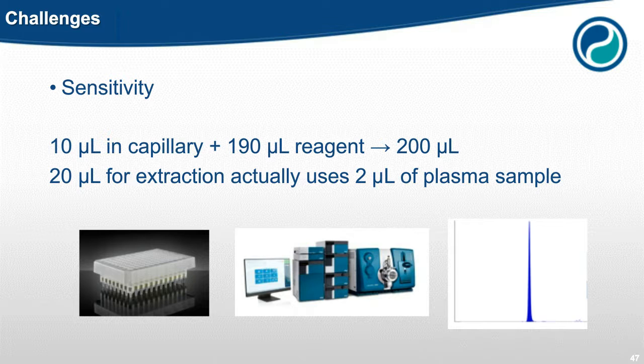That comes to the bioanalysis part. We need to apply a new extraction procedure, maybe SPE or LLE, to concentrate the sample. Sometimes we need to use a more sensitive instrument, and we need to fine-tune the method to get a peak as good as possible and to increase the signal-to-noise ratio to meet our sensitivity requirement.